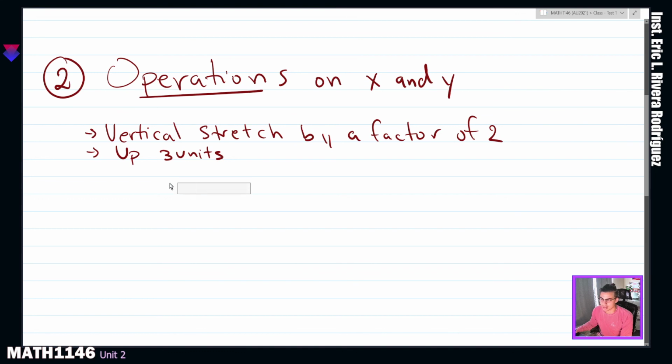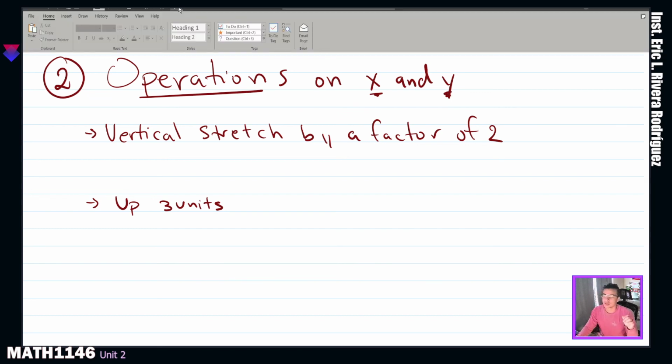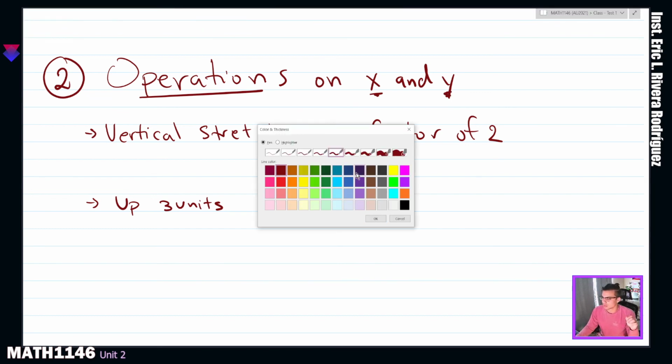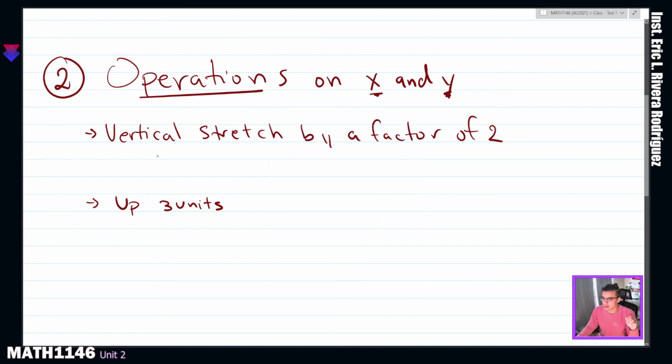So how are they going to affect the equation or the x and y coordinates? Here, for the vertical stretch by a factor of 2, we are going to multiply all the y coordinates by 2, right? When we are moving up 3 units, this is vertical, we are going to add 3 to all the y coordinates.